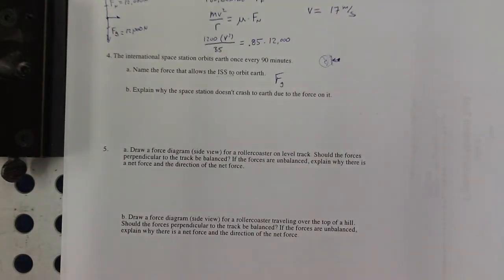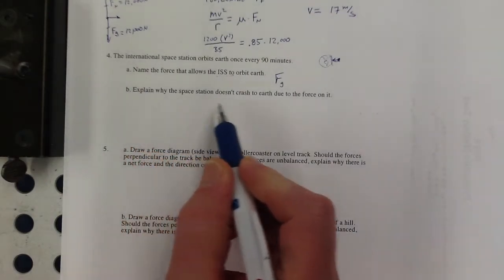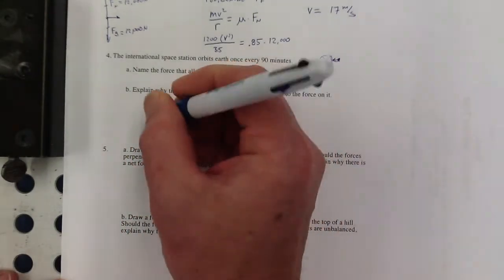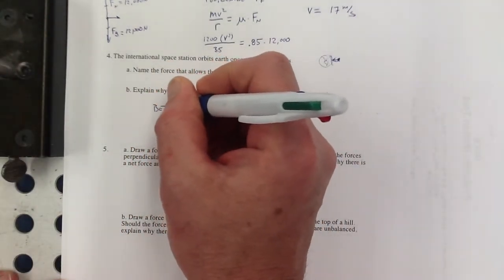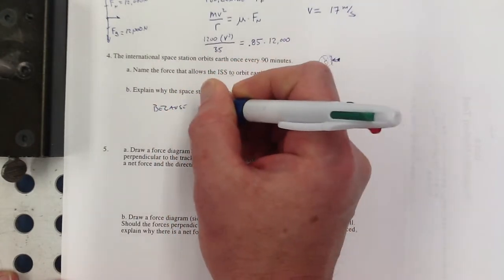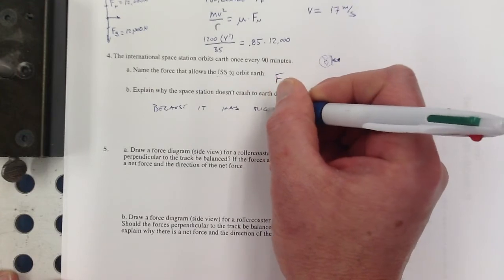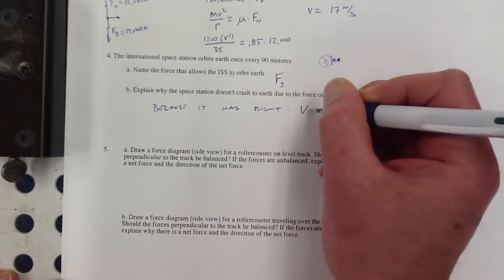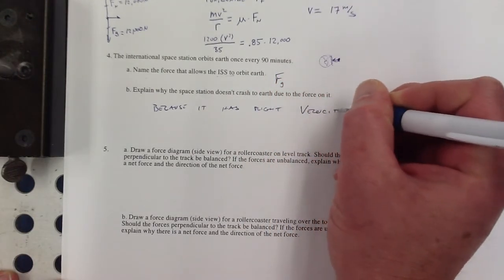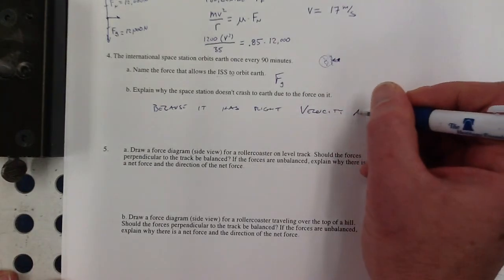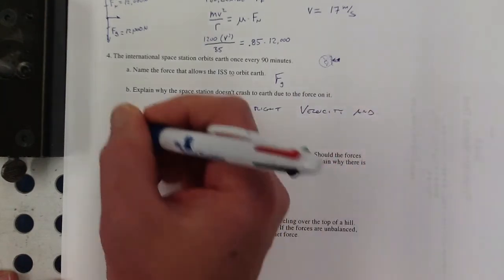It keeps moving around the circle. So why doesn't the space station crash? Because it has the right velocity and radius.